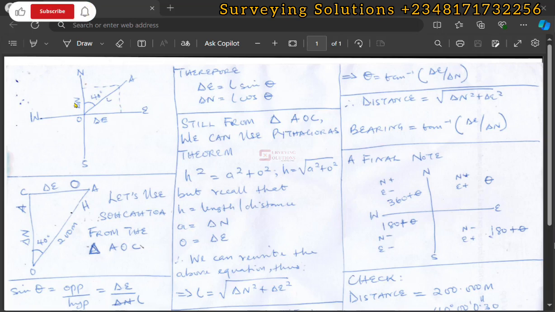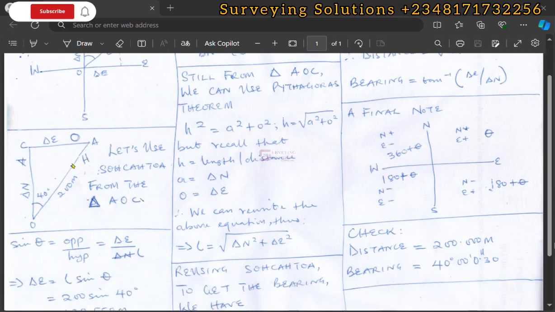If we have established that, we can now extract this right angle triangle where the 40 degrees is subtended. If we extract it out, there should be a C here, right? So we now have a right angle triangle AOC, which is A, O, and C. That's the right angle triangle you've seen here.